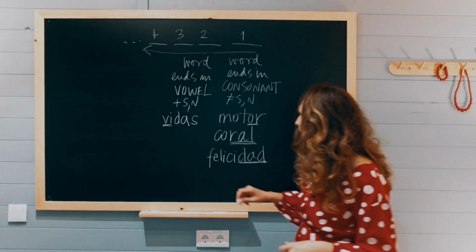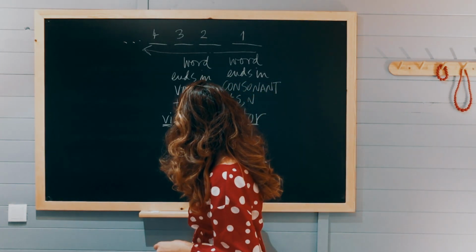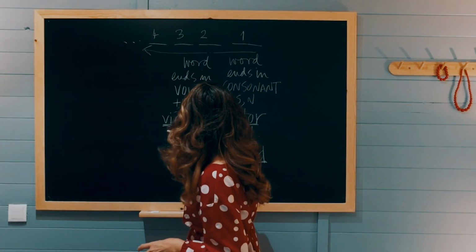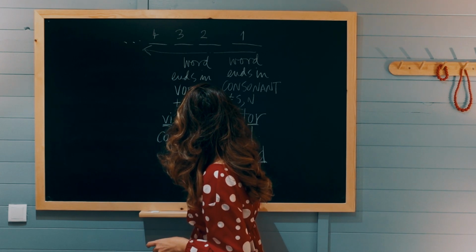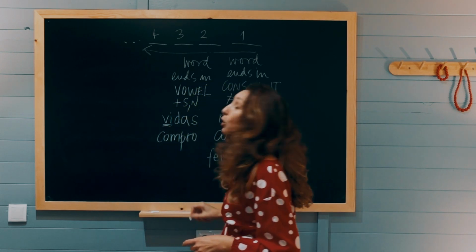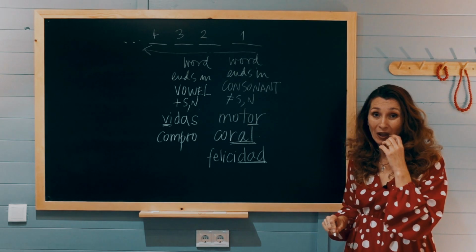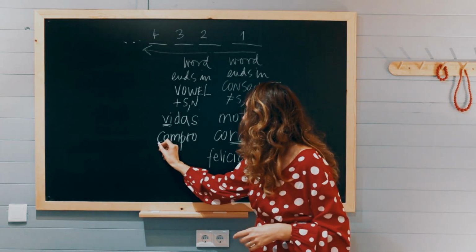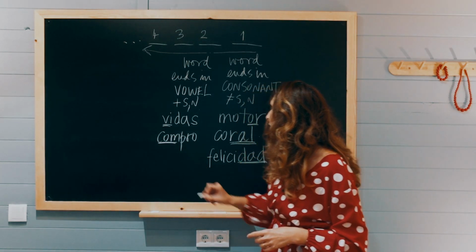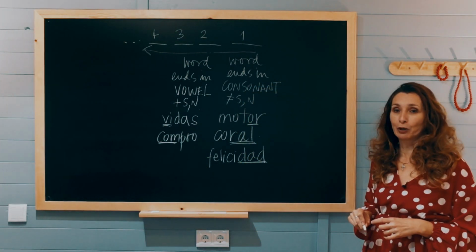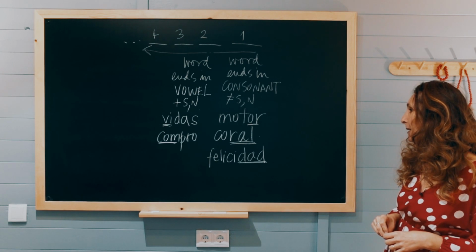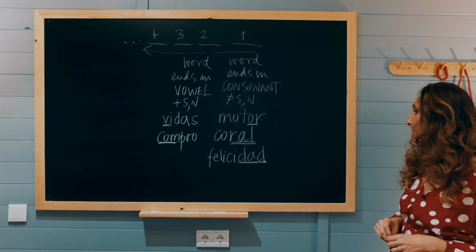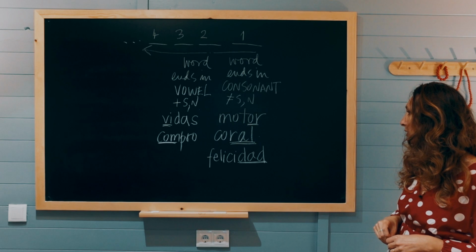Another example would be, I buy is compro. Compro. O is the accentuated one. Compro, okay?